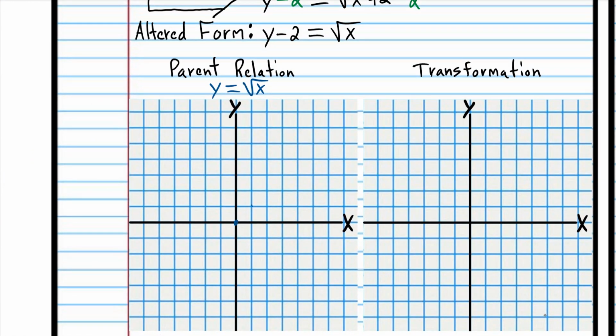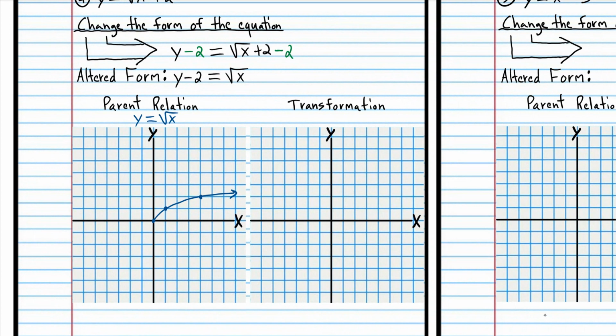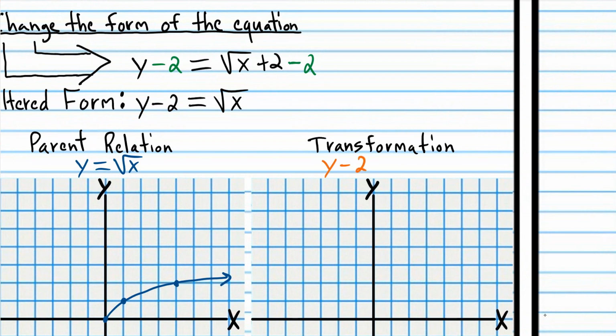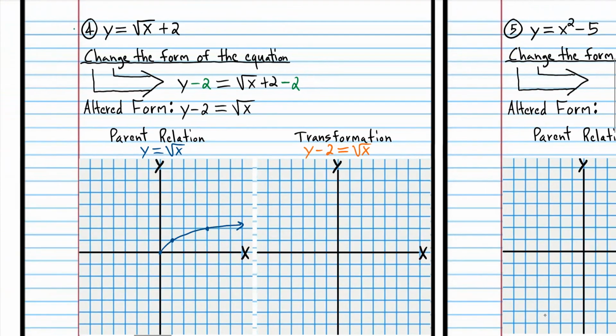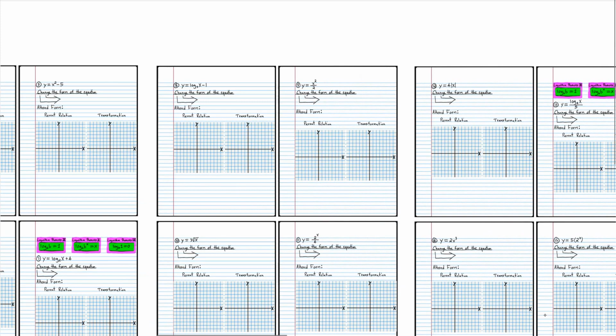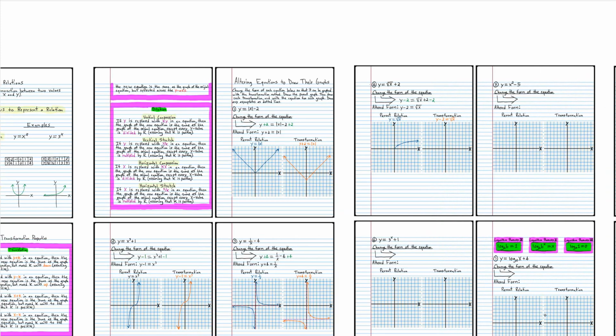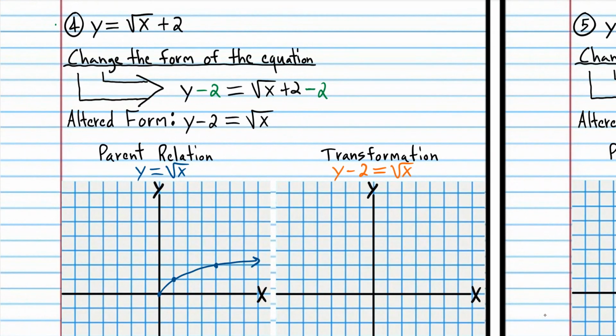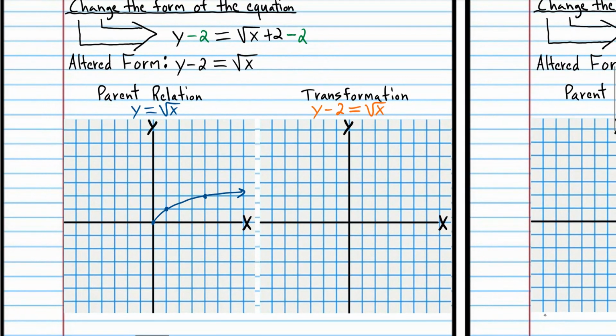And looking at your library, you know 0, 0, 1, 1, and 4, 2 are reference points we can use to graph the parent graph. And this is a translation, so I'm going to use orange because we're used to using orange for translations. Not that it really matters. And we're subtracting 2 from y. We see that the only difference between this equation that we're trying to graph and the parent equation is we're subtracting 2 from y, so we just move up 2.